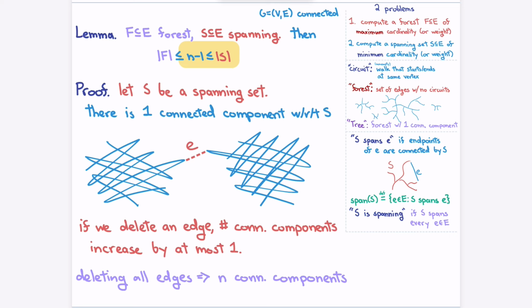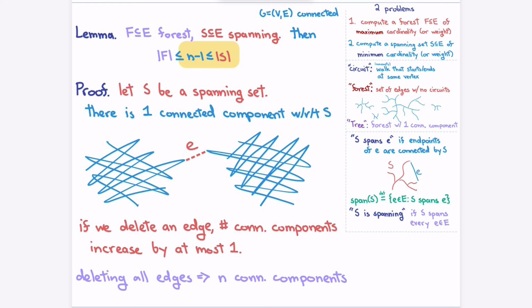And now imagine removing one edge at a time from my spanning set. Each time, if I delete an edge like in the middle, that doesn't actually decrease the number of connected components. So maybe it goes down by 0.